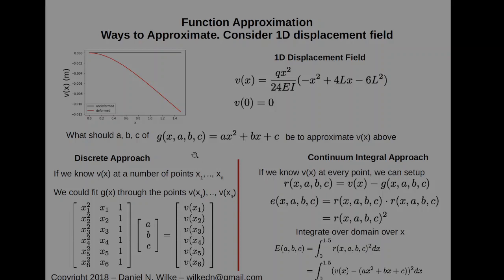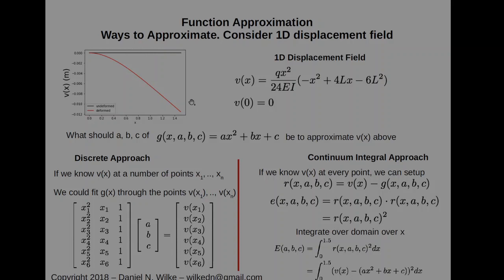And I want that to be equal to v at x2 that I've now measured. And I can then set out a system of equations like that. So I can substitute n times the x values into this, and I know the n times those values in terms of the displacements. So if I were to plug in those x values in here, I would get the displacement if I had made no mistake in my measurements.